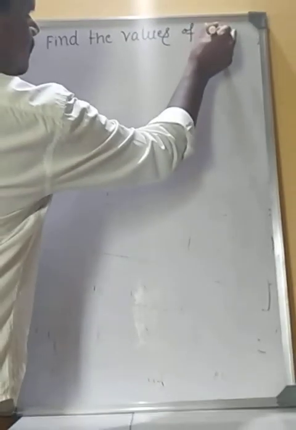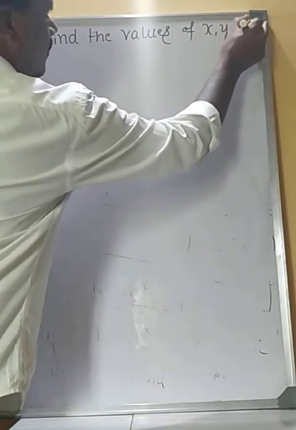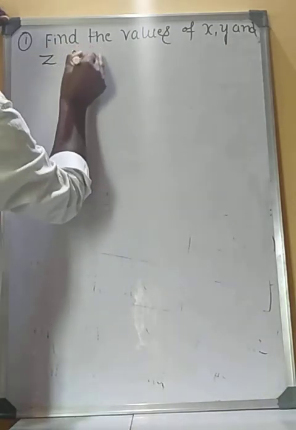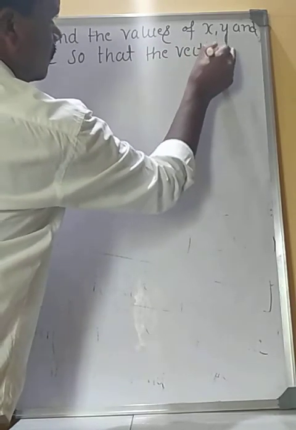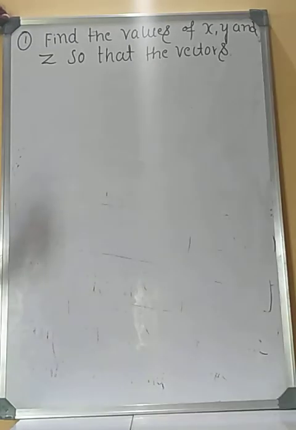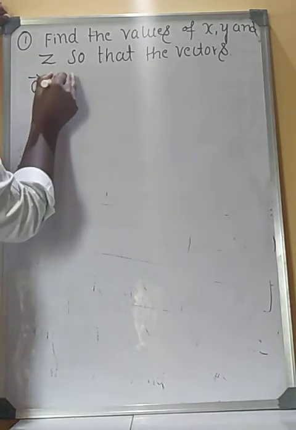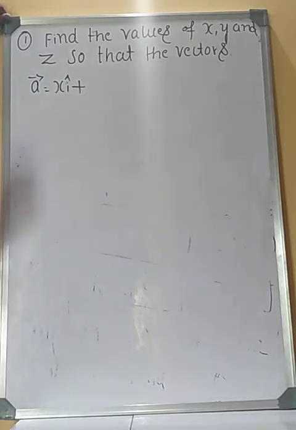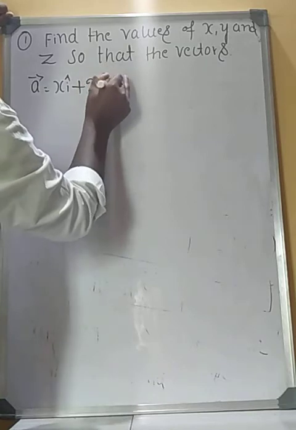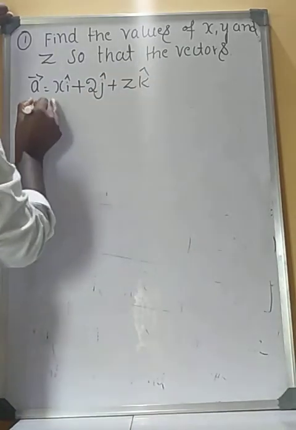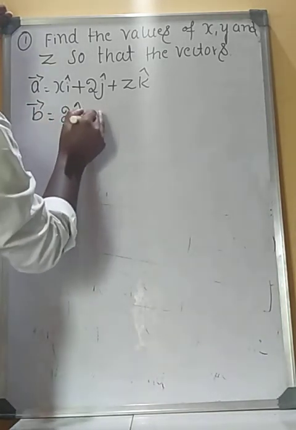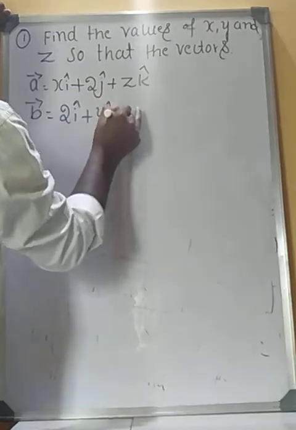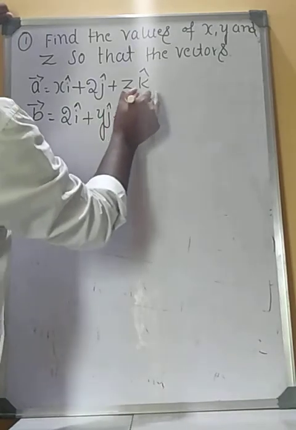Find the values of x, y and z so that the vectors, vector A equals xi plus 2j plus zk, and vector B is equal to 2i plus yj plus k, are equal.